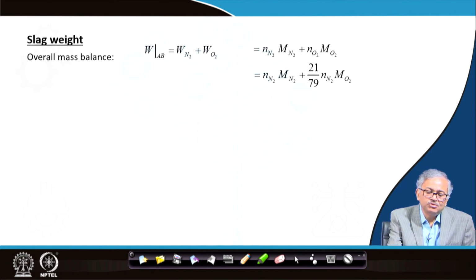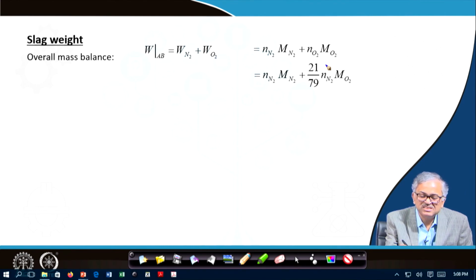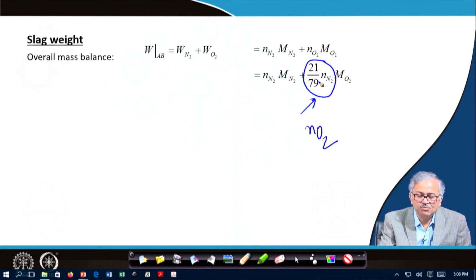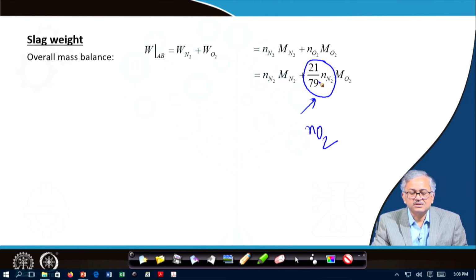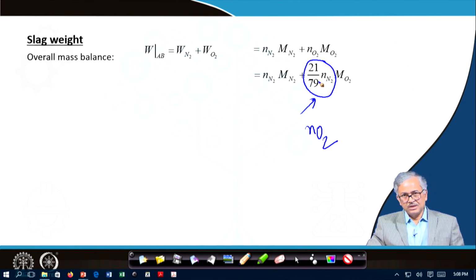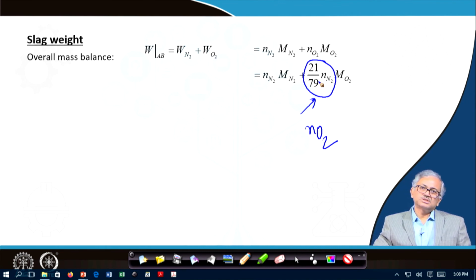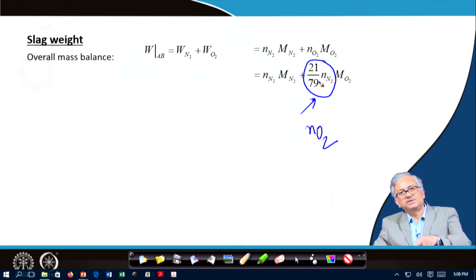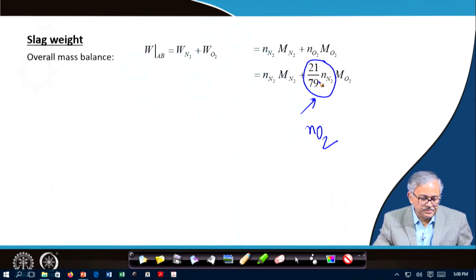The number of moles of oxygen, NO2, is equal to 21 by 79 into NN2, considering normal air, that is 79 volume percent nitrogen and 21 volume percent oxygen. For oxygen-enriched blast or other cases it will be different, but for normal air we can simply correlate NO2 equal to 21 by 79 into NN2.